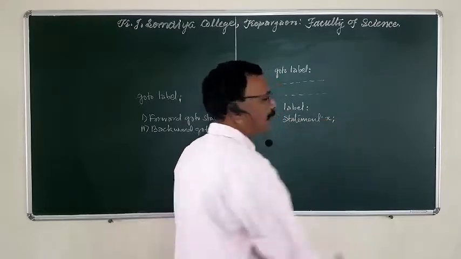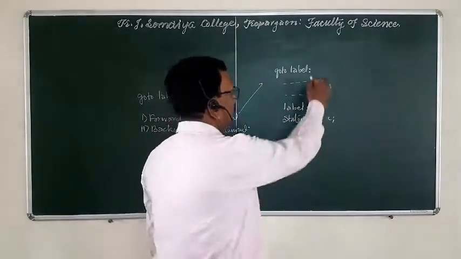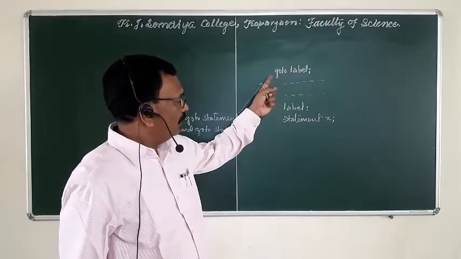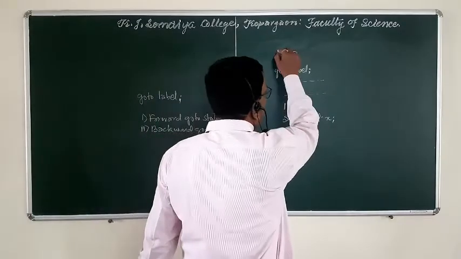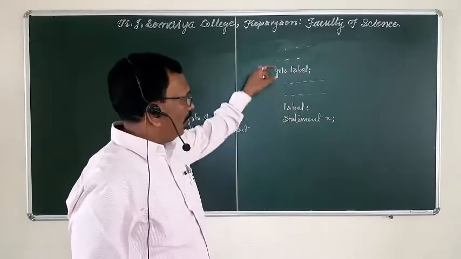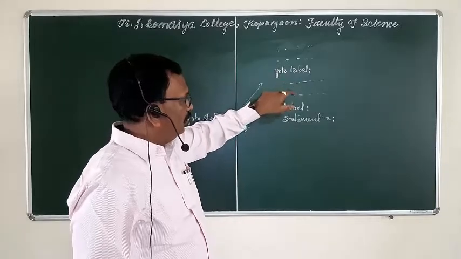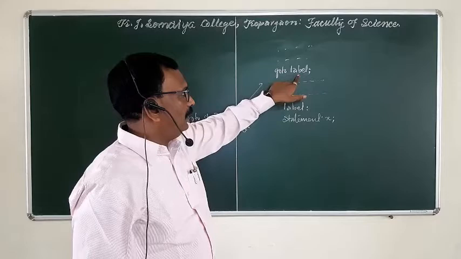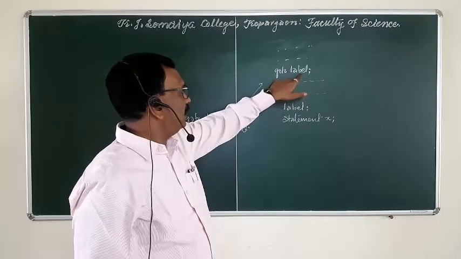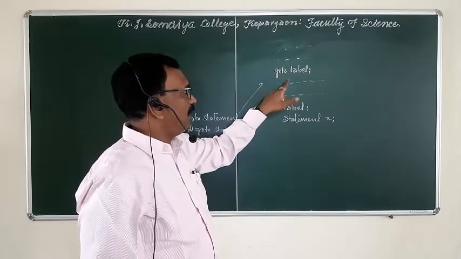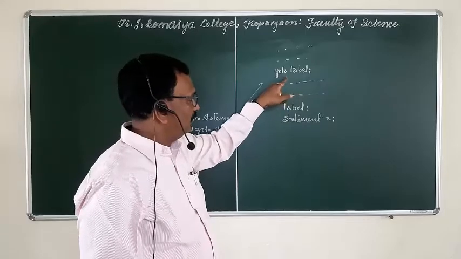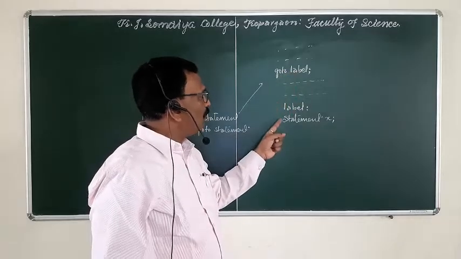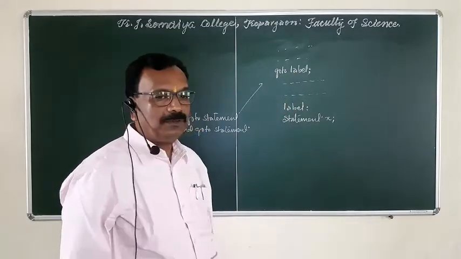This is the forward, because if there are some statements before the goto label and a few statements after the label, when these statements are executed and then the goto label is encountered, these statements are skipped and simply control goes to the label.